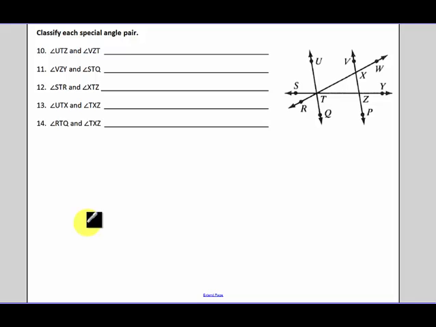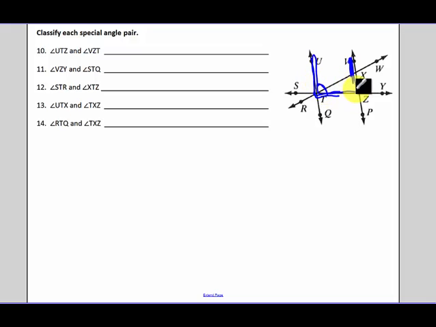Okay, next example. Finding special pairs of angles where their picture is a little awkward. Okay, UTZ. So this angle here, highlight it. Trust me, highlight it for these challenging ones. And VZT.